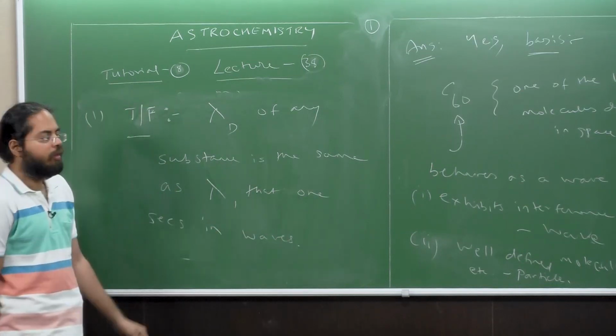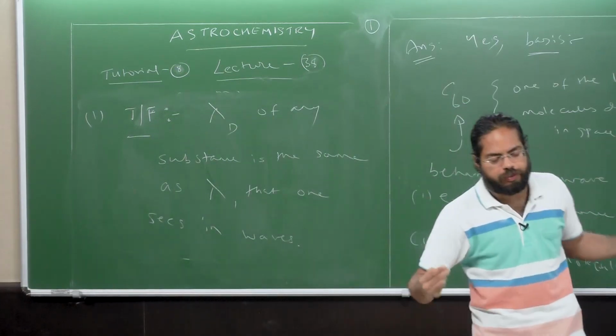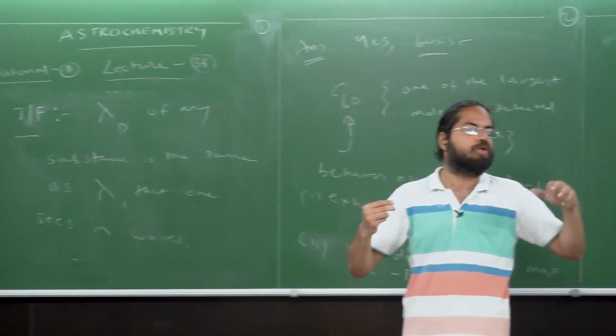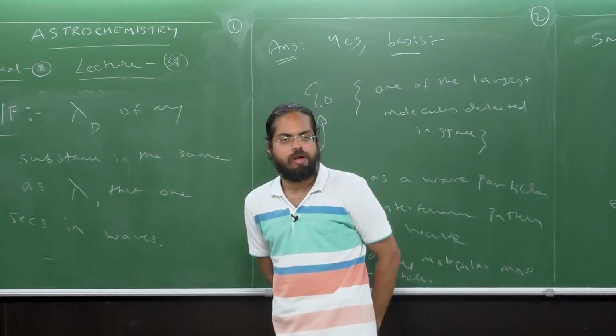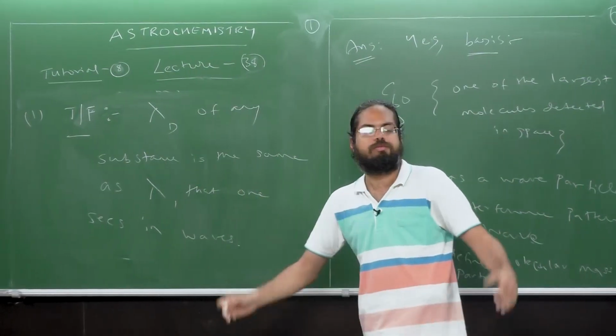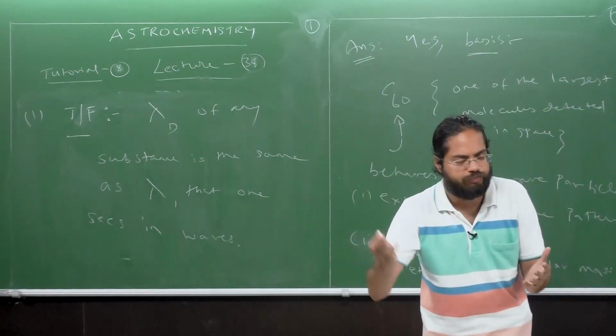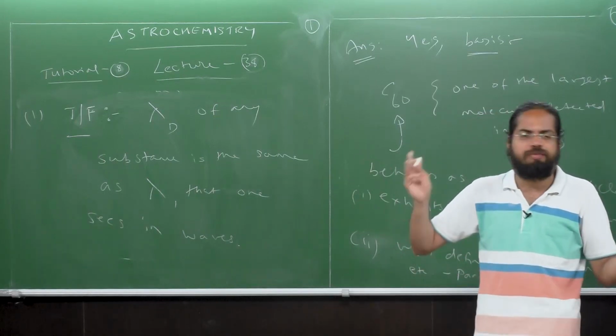Recall that we were studying the different properties of waves and particles, and I introduced you to the notion of wave-particle duality, which could be quantified via the de Broglie wavelength. Now, is this de Broglie wavelength the same as the wavelength that we study when we study waves? Is it same or is it different?